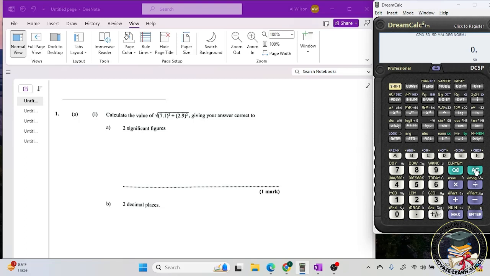The first question says, calculate the value of the square root of 7.1 squared plus 2.9 squared, giving your answer correct to two significant figures and then two decimal places.